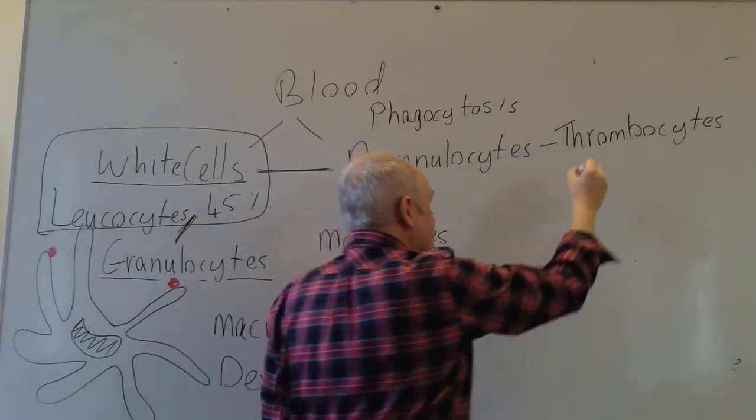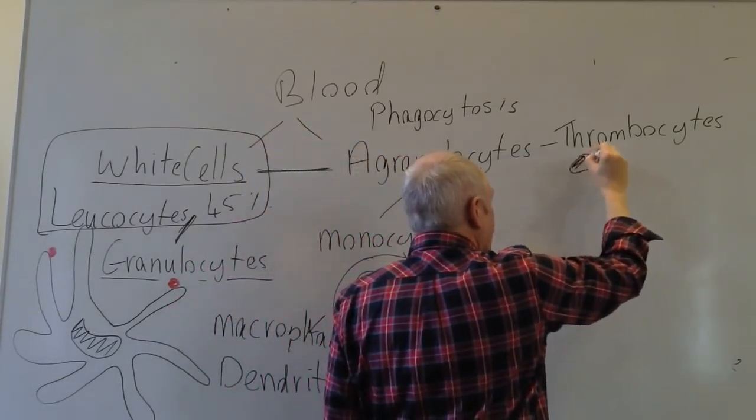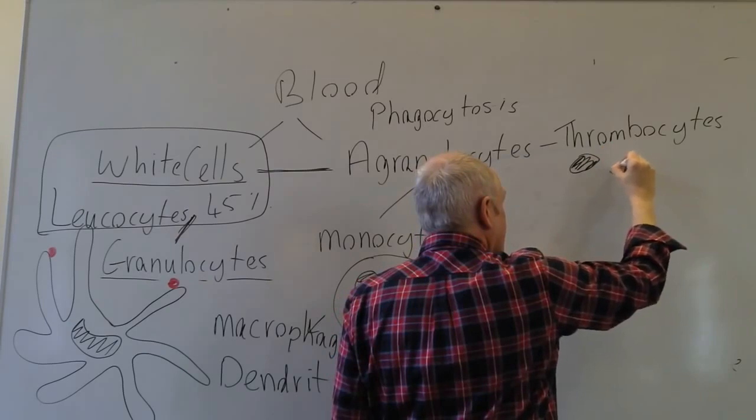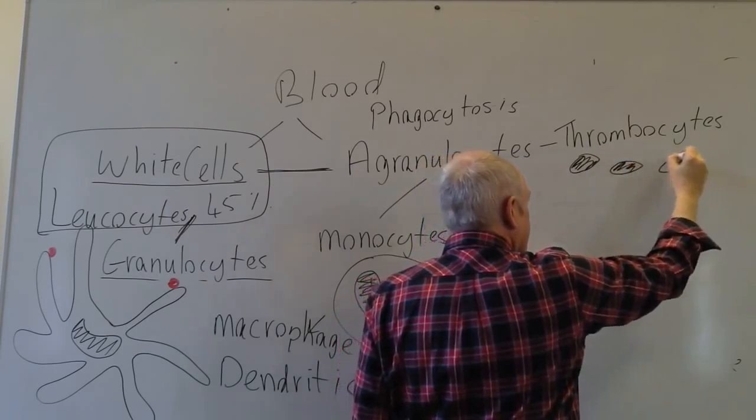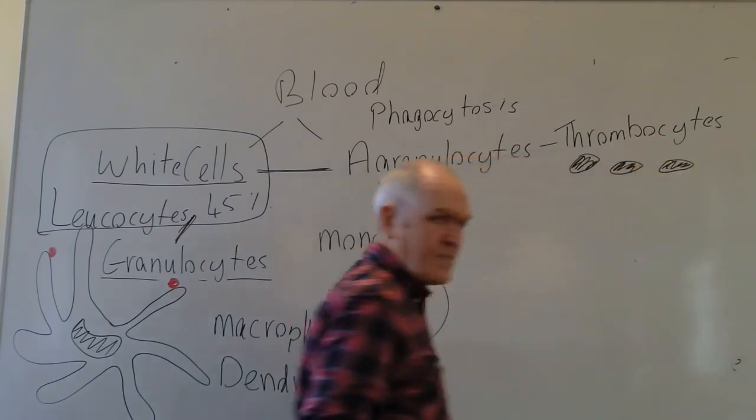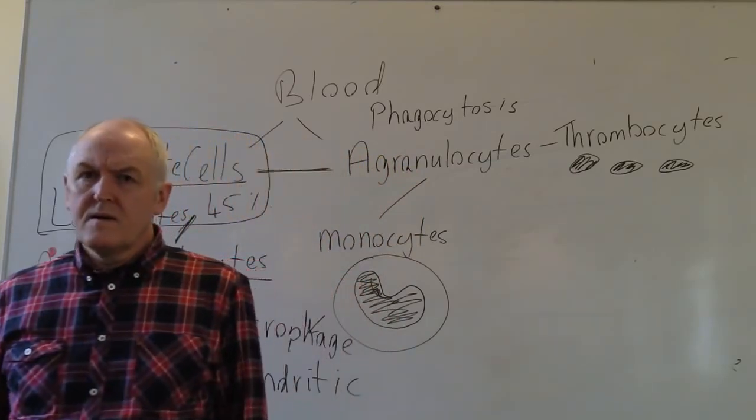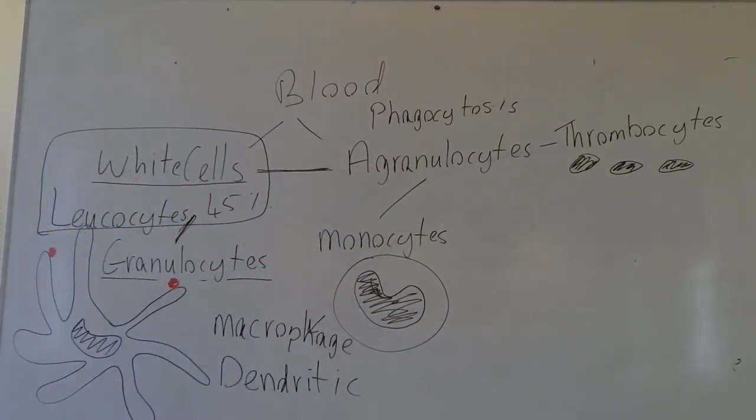And these are just relatively small cell fragments. So the thrombocytes or the platelets are small cell fragments floating around in the plasma.